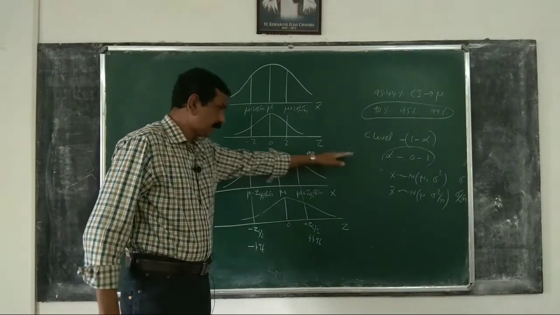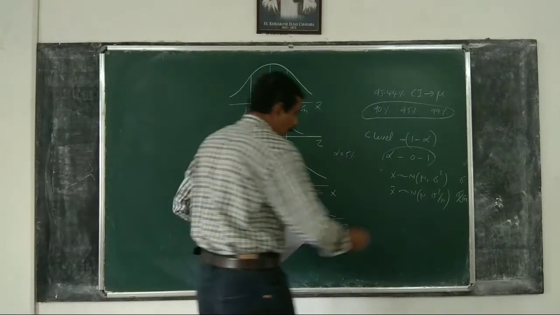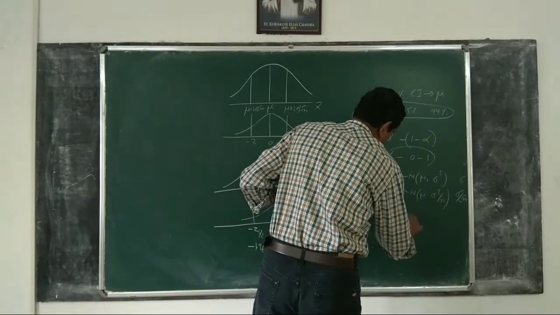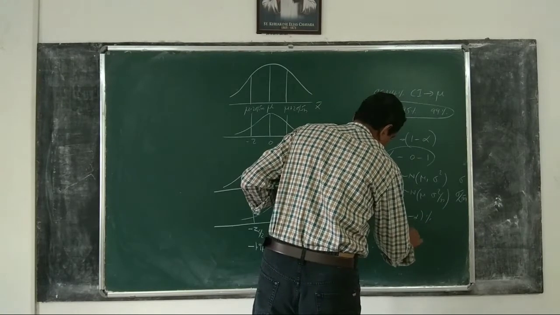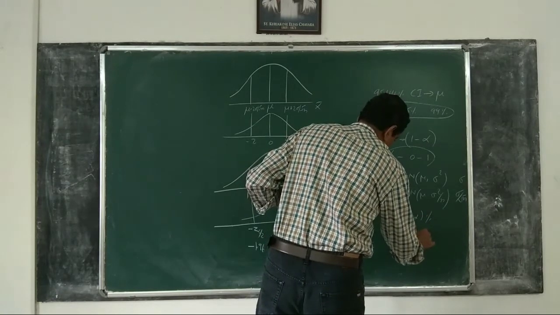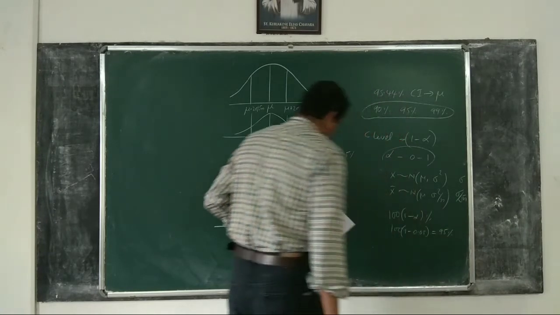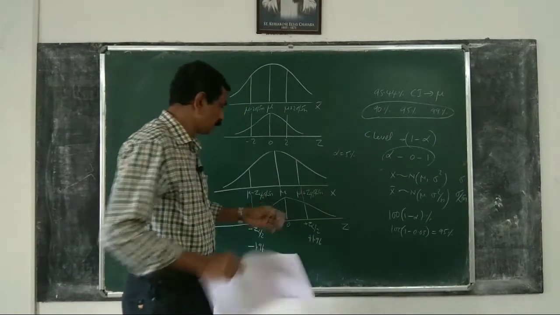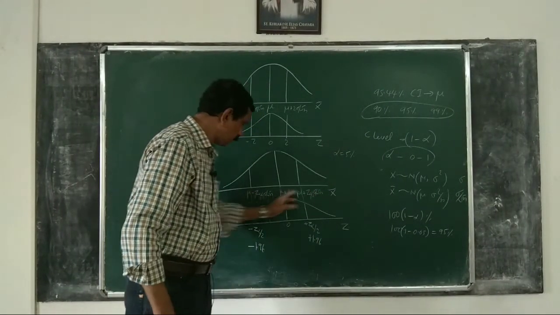So we will say that 100 into 1 minus alpha percent, that is 100 into 1 minus 0.05, that is 95% of x bar lie between these two limits.